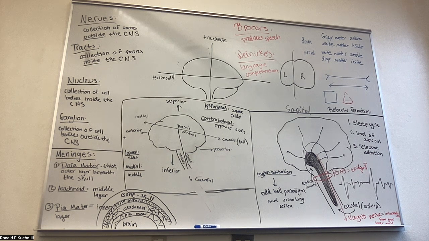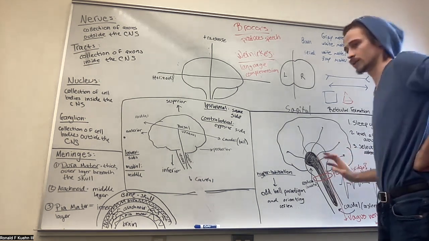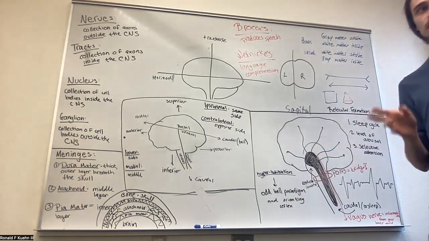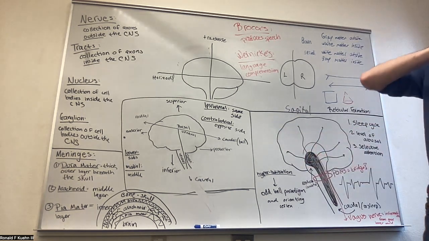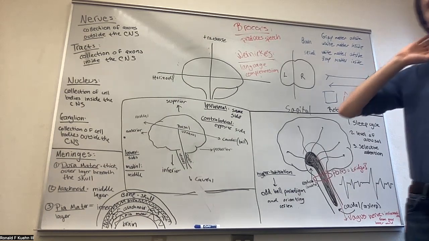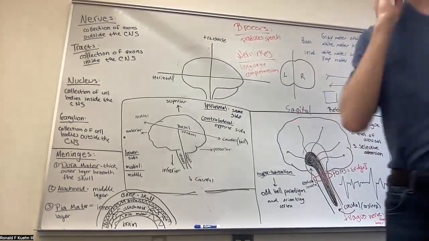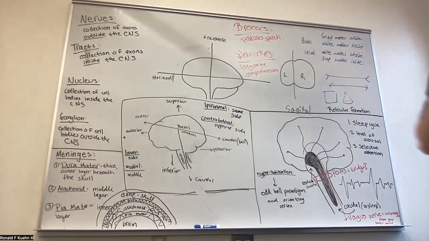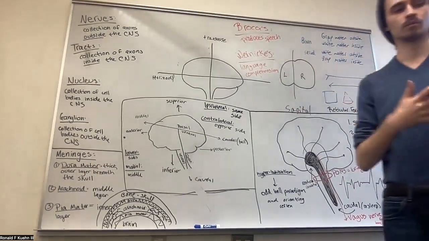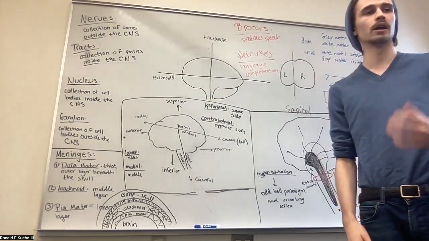Typically, if you have damage to your pons, there are more issues to worry about, particularly because it is also part of the hindbrain. Your medulla, your cerebellum, and your pons are all three major parts of the hindbrain.